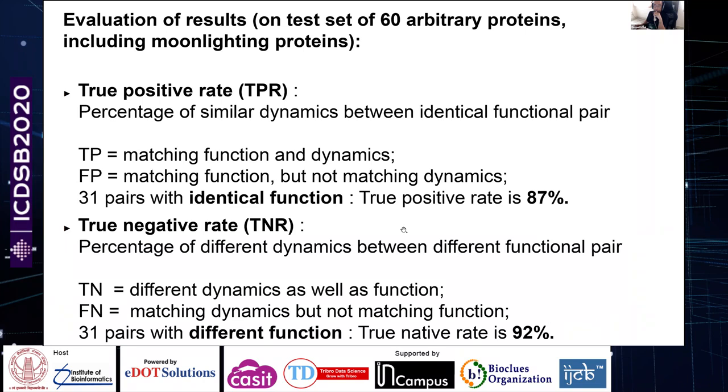Initially we took 60 arbitrary proteins, including moonlighting proteins, all of which also have experimental data available.